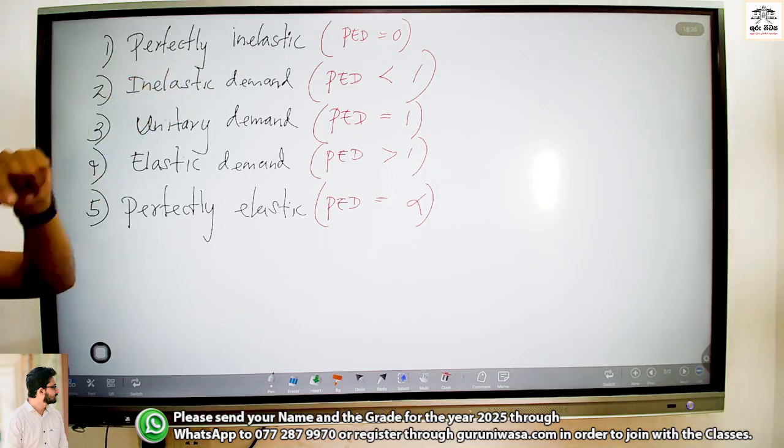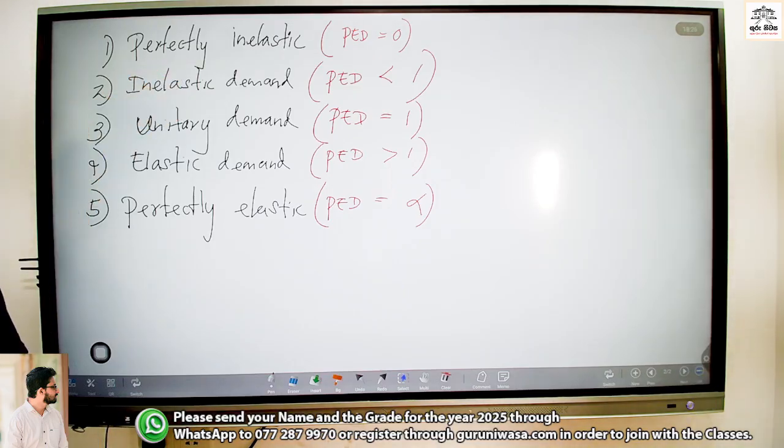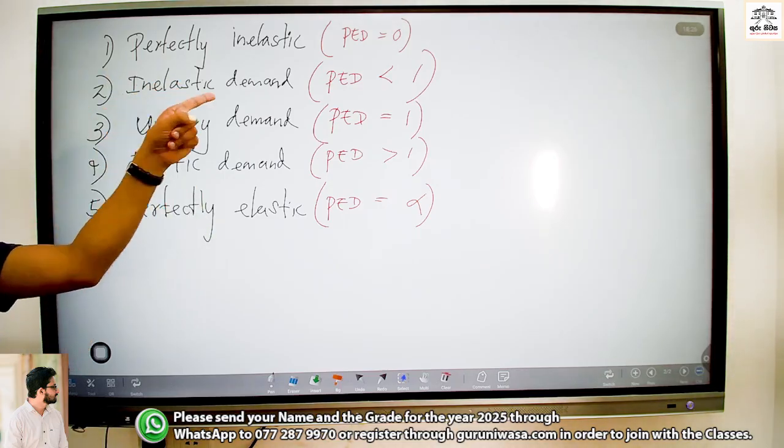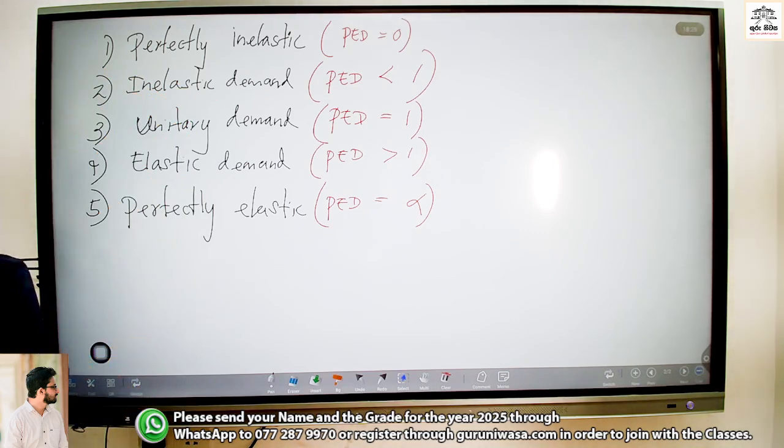Some products belong to perfectly inelastic, some are unitary, some are perfectly elastic. The important point is, when managing a business, we have to make decisions based on PED value. For example, if you are selling an inelastic demand product, you have to use some different price techniques. It will be discussed later on. I think these 5 categories are okay.